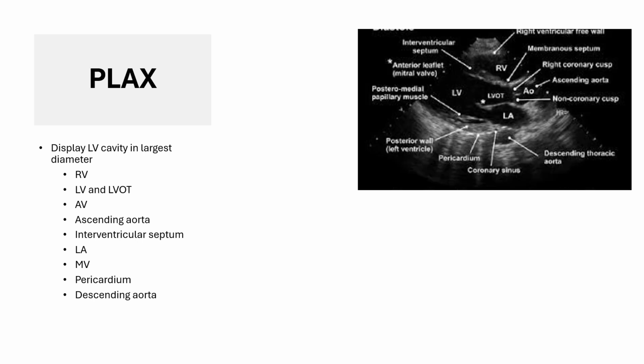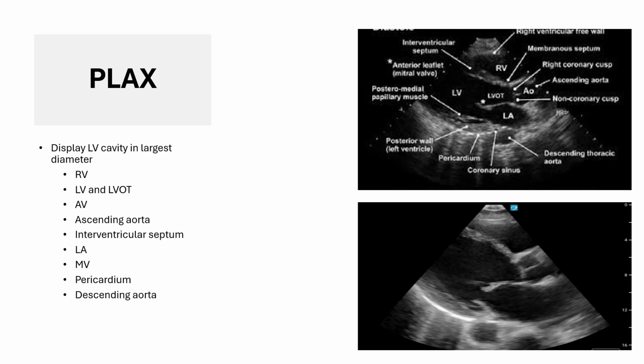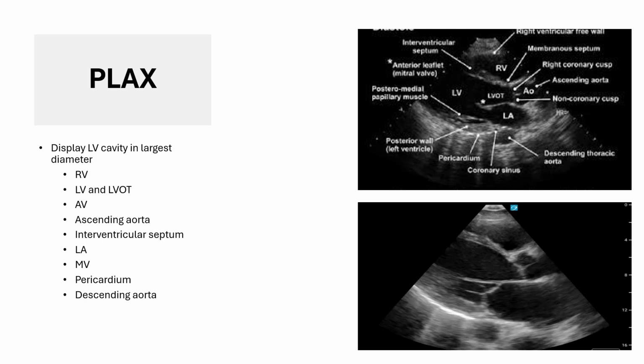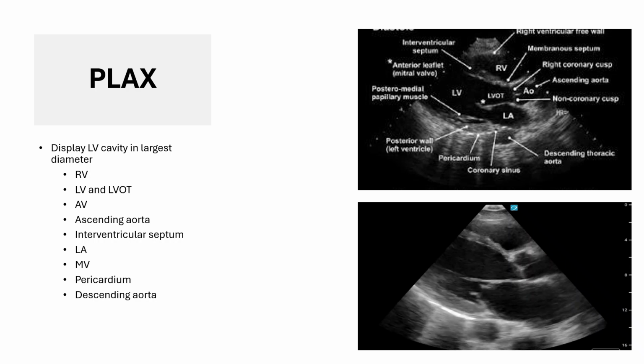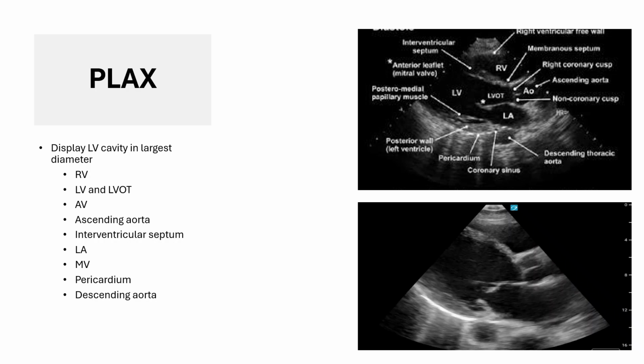You want to assess the right ventricle, left ventricle, including the left ventricular outflow tract, aortic valve, ascending aorta, interventricular septum, left atrium, mitral valve, pericardium, and descending aorta. On the top right, you see a frozen image with delineated anatomy, and on the bottom right, you see a video clip of a properly performed parasternal long axis view.